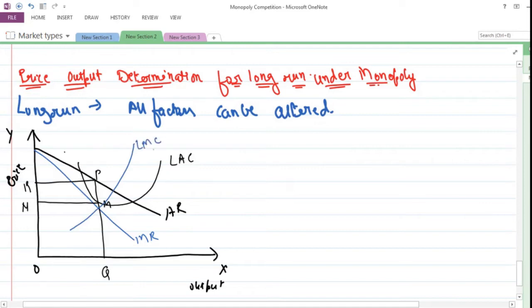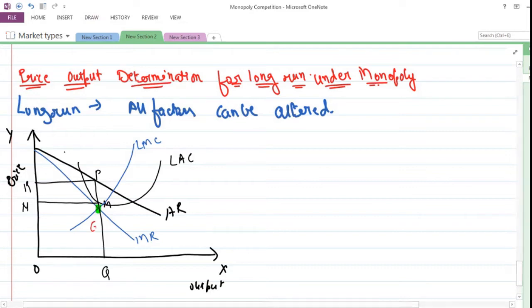This is the long run marginal cost, and at this point we have the equilibrium point E. At E the firm attains equilibrium.